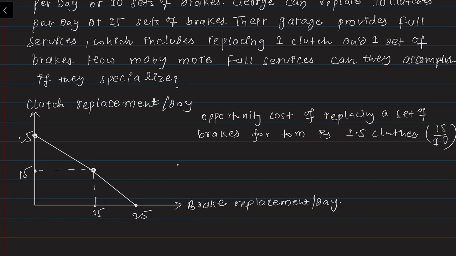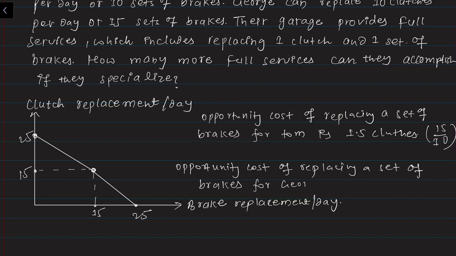Similarly, we can find out the opportunity cost of replacing a set of brakes for George, which is 2 over 3 clutches, right? Which is just the reciprocal of the previous one, which is 10 over 15.